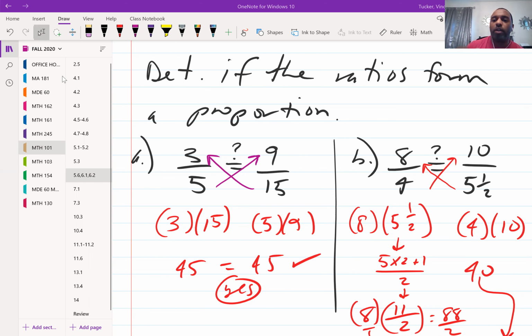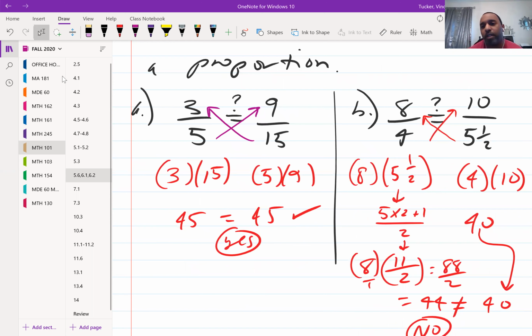All right, so the next one, 8/4, and we have 10/5.5. We got 8 times 5.5 and 4 times 10.